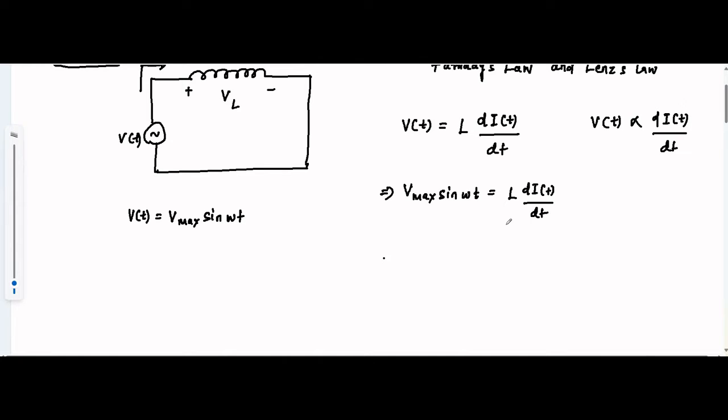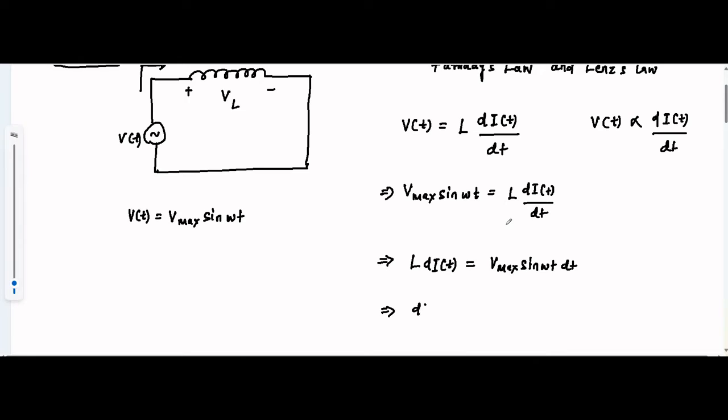Now here our objective is to find the expression of current. So what we'll do, we'll write L di(t) is equal to Vmax sin omega t dt.